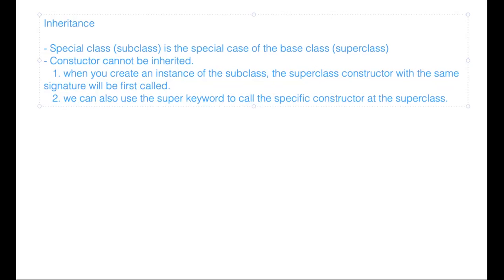If you don't have a constructor with the same signature at the superclass, then in the subclass constructor you can use the super keyword to call the specific superclass constructor, but make sure super is the first statement, the first line, of the subclass constructor.